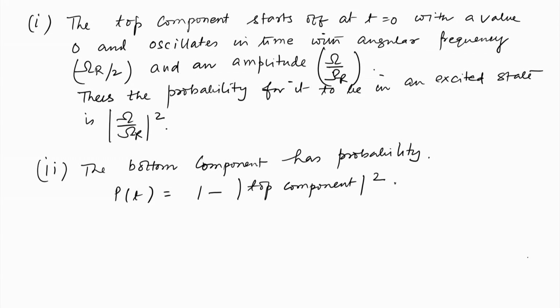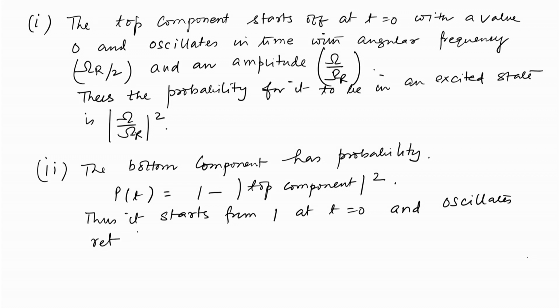So, it of course starts from 1 at t equal to 0 and oscillates, returning to a value 1 at t equal to 2 pi by omega r into m, m being an integer.